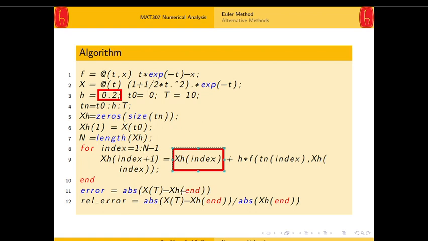So the last component of the computed solution will be an approximation to the x value at t equal to 10, and this is the exact value. So we take the difference, and the absolute value of this difference will give us the error. And also the relative error is equal to the absolute value of this difference divided by the last component of the computed solution.